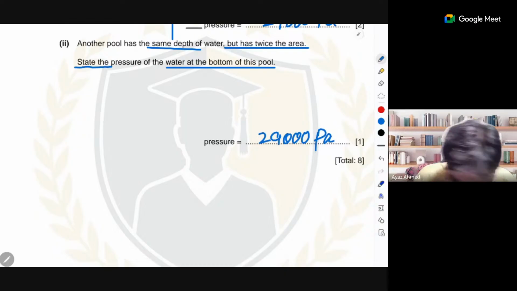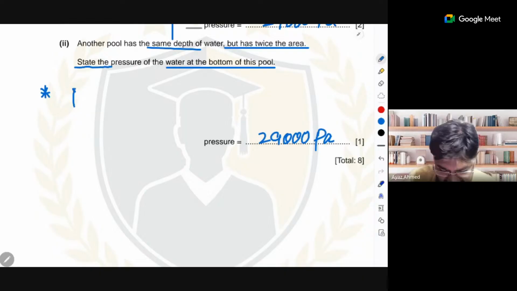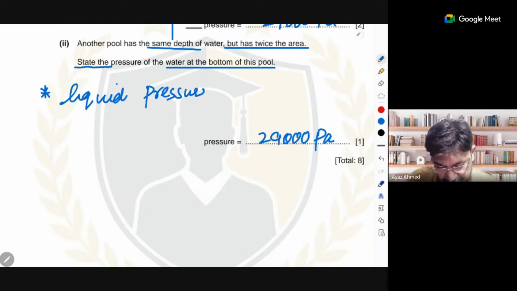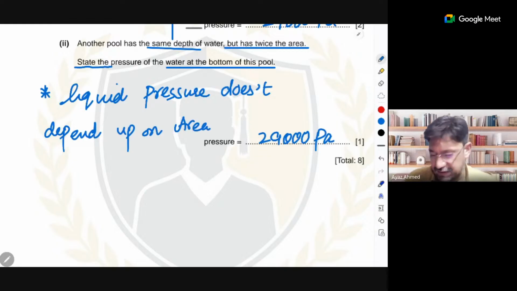The reason is, because liquid pressure does not depend upon the area. Don't write only pressure; write the liquid pressure does not depend upon area. Is it clear to everyone?